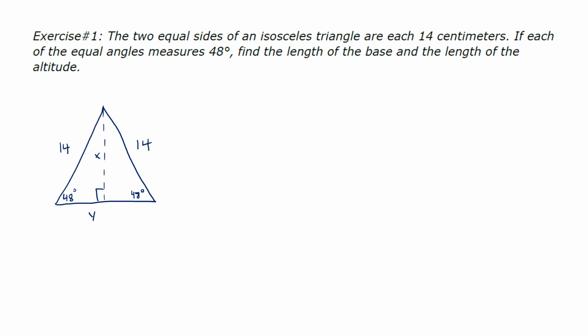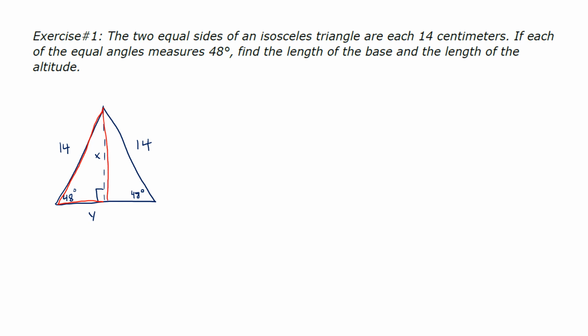Okay. Well, as you see here, we have two triangles within this one triangle. So to find our unknowns, we can use just half of our whole triangle and then adjust accordingly. So let's just use this left side triangle right here.